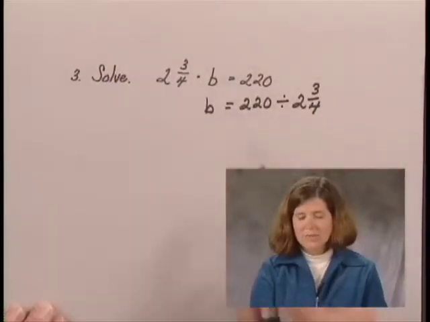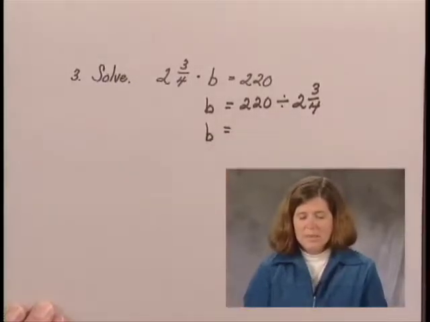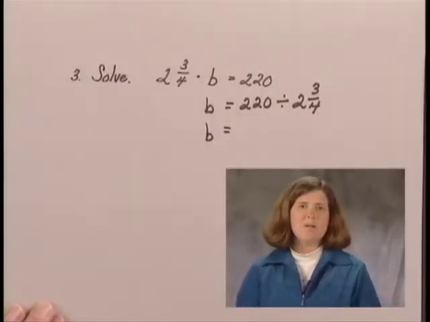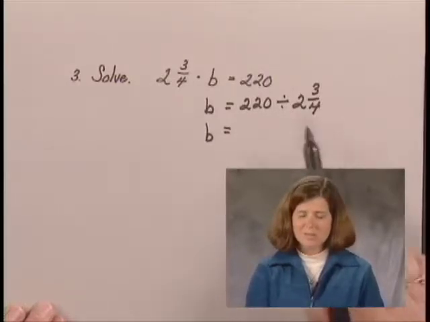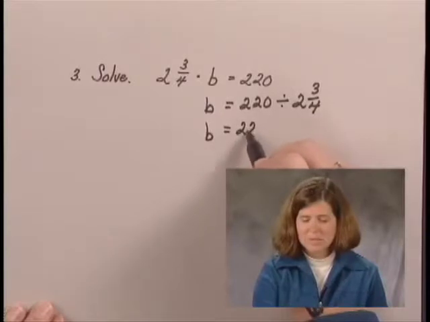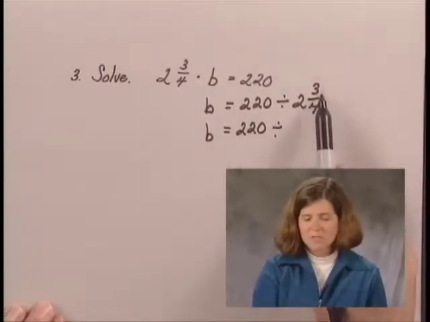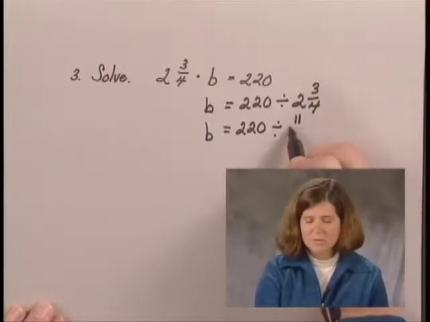And now we'll work on the right side to simplify. We have B equals, and whenever we multiply or divide using mixed numerals, we need to write that as a fraction. So we will write 220 divided by 2 times 4 is 8, plus 3 is 11, so we have 11/4.